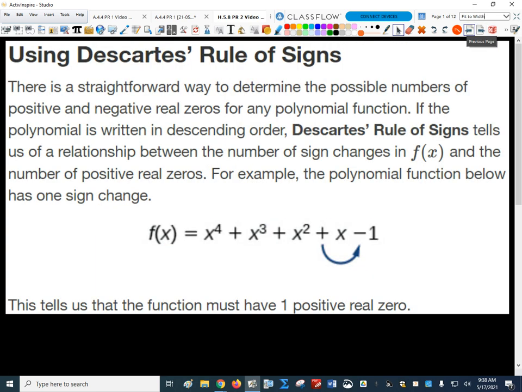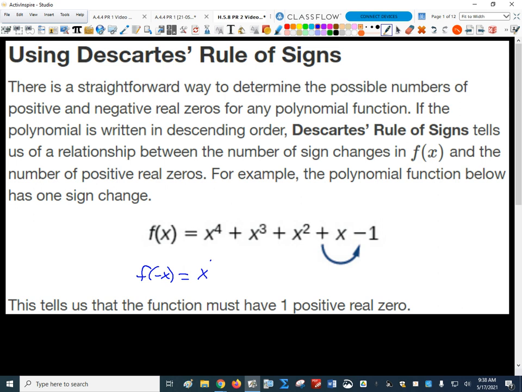So there was our original function. You guys now should be able to say, okay, well, what's f of negative x going to be? Even powers are going to keep the same sign they had in f of x. Odd powers are always going to flip.